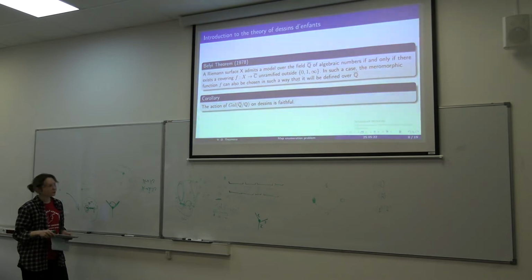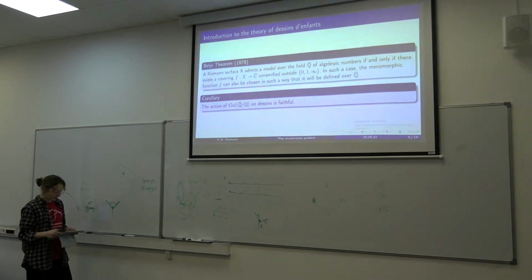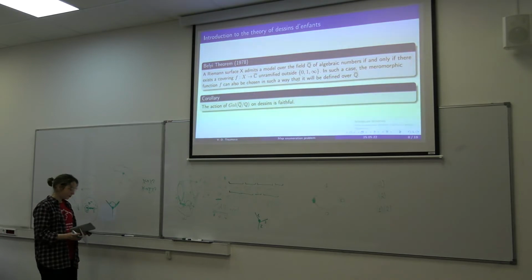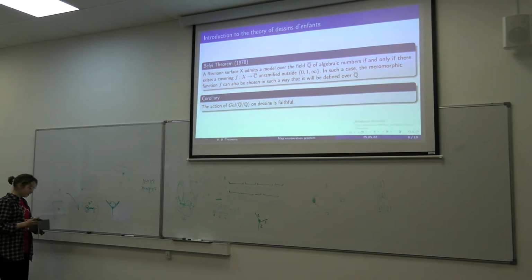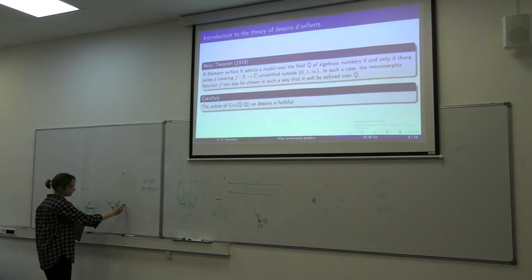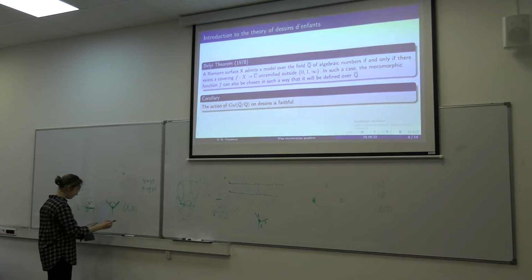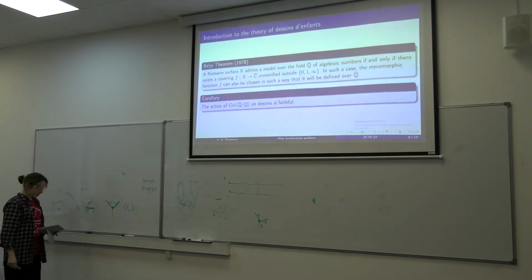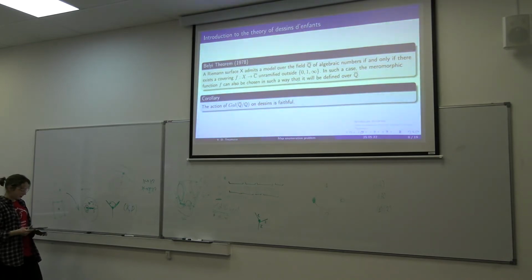And why is it important for us? Because we saw that if we have a Dessin, it is embedded in a surface, and it provides the structure for it to be the Riemann surface.